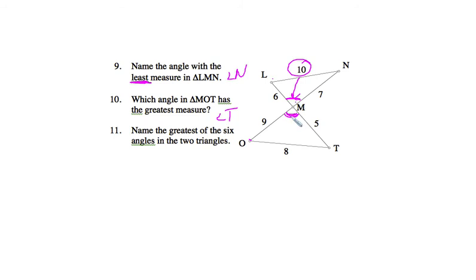But we already stated in number 10 that angle T was bigger than that angle M. So even though this has a side of 10, this angle is equal to that angle, and angle T is bigger than angle M, so angle T is still the biggest out of all 6 angles. So angle T is the largest.